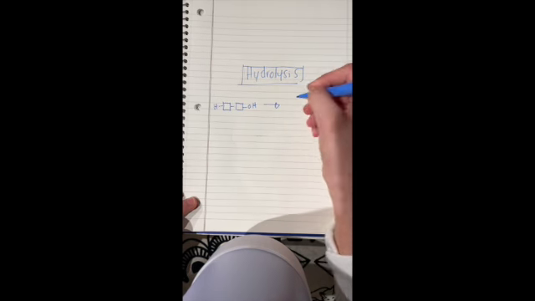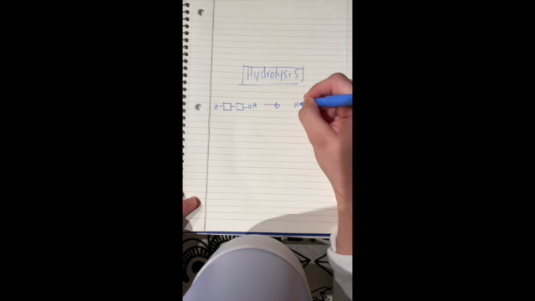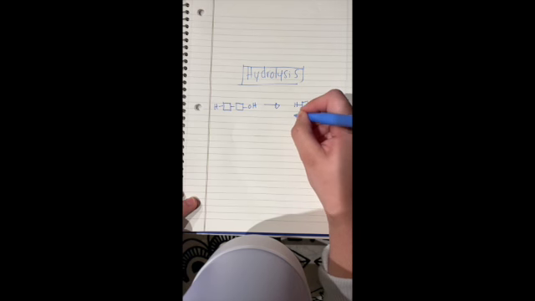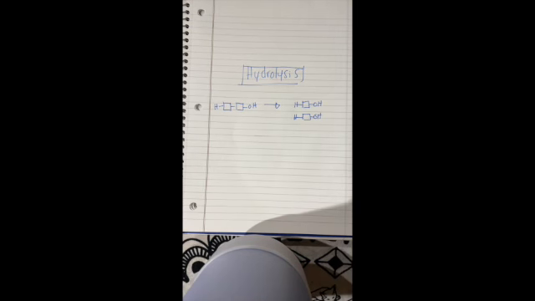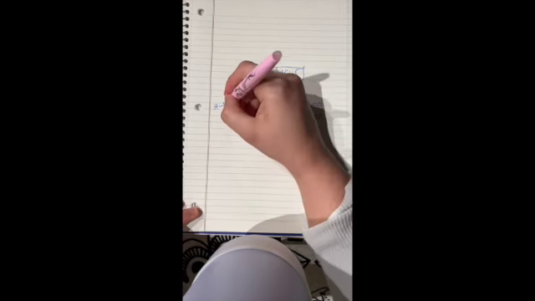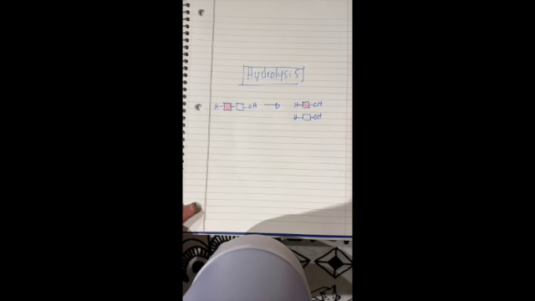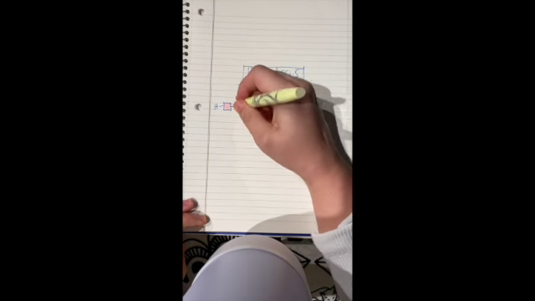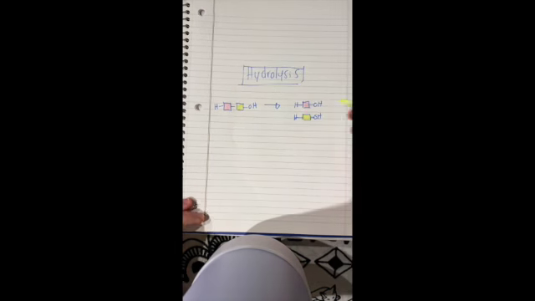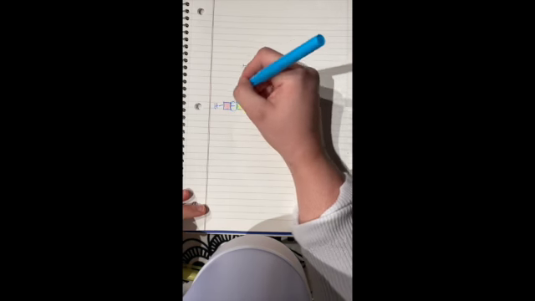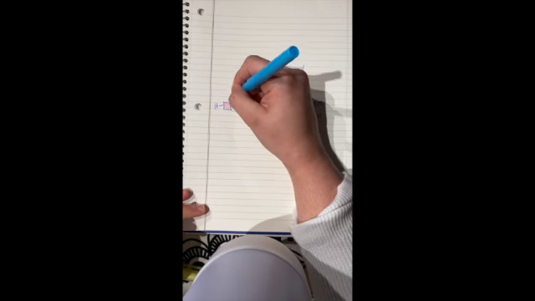And that's going to be broken into little baby monomers. So we got two different pieces here. We're now broken apart because that bond here has been broken with the addition of water.